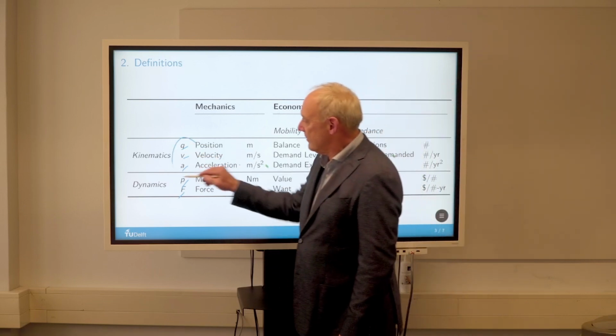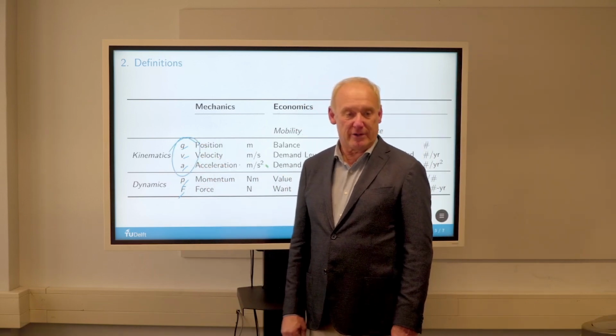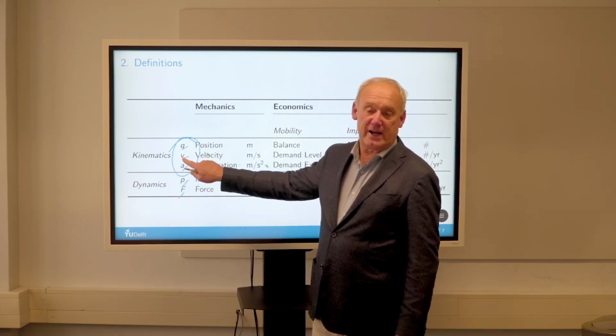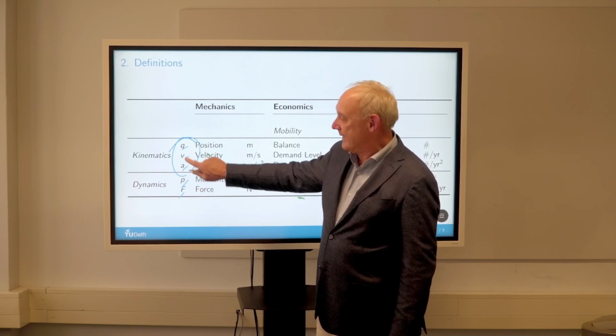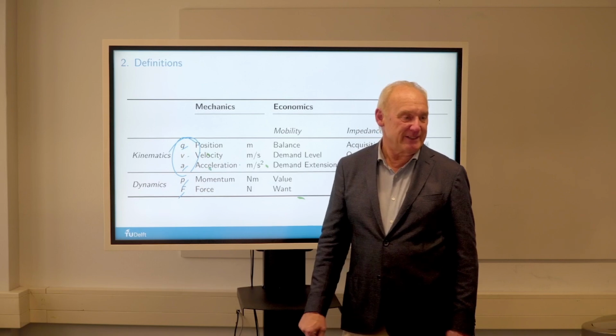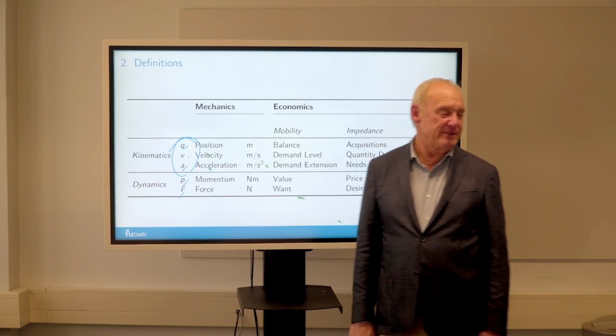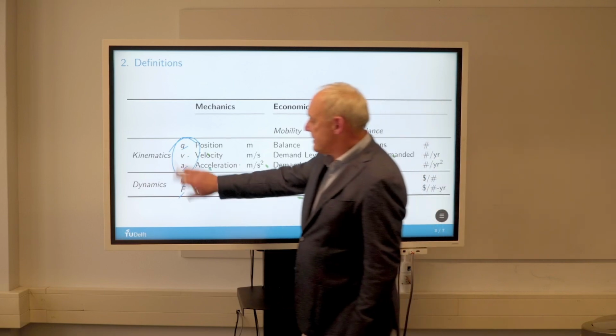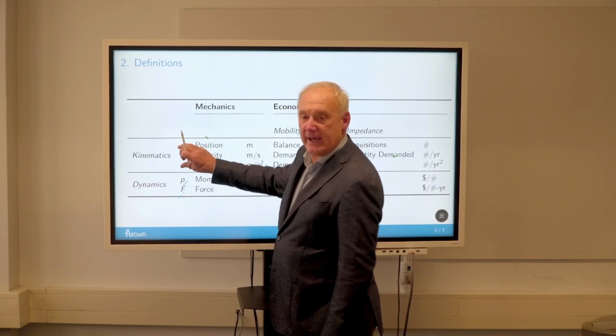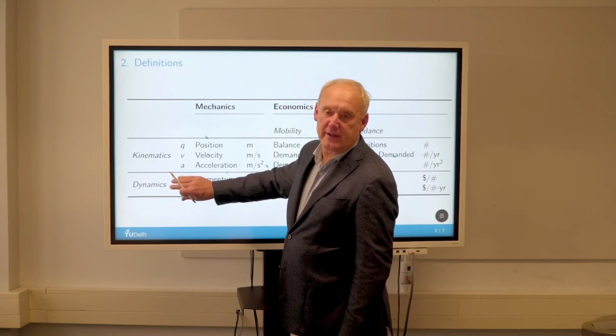Three things having to do with the kinematics: how the thing moves, where it is, how fast it's going, and how rapidly you're changing the velocity. Those are the three ingredients, right? You need position. This is what we call the kinematic part, and this is what we call the dynamic part.